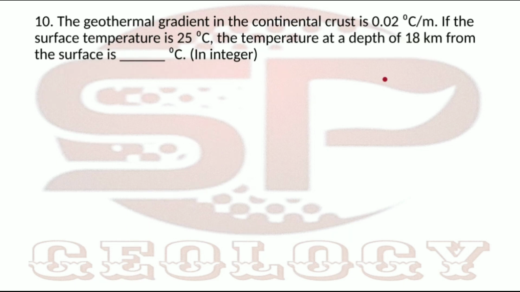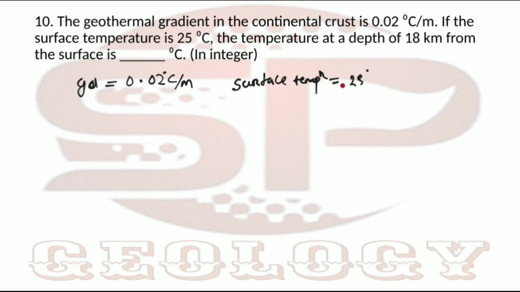The geothermal gradient in the continental crust is given as 0.02 degree centigrade per meter. The surface temperature is given as 25 degrees. You have to calculate the temperature at a depth of 18 km from the surface.